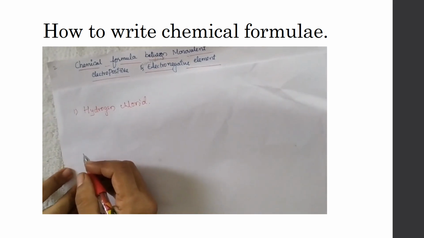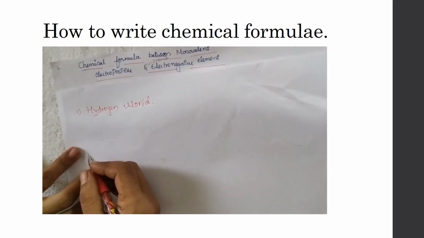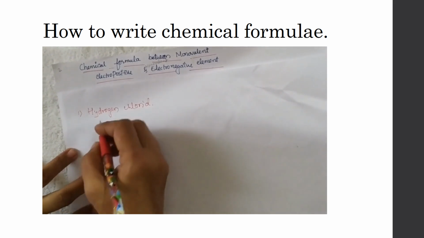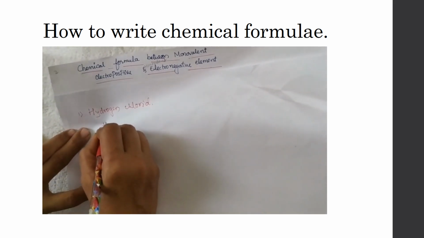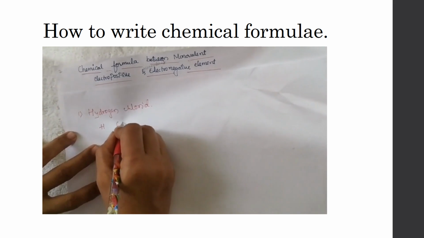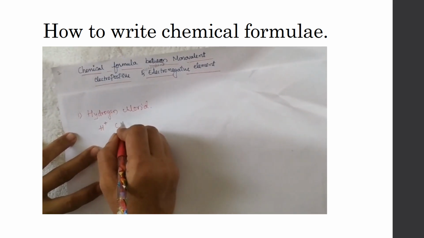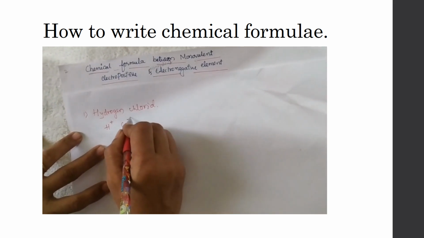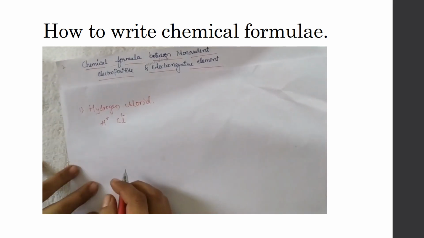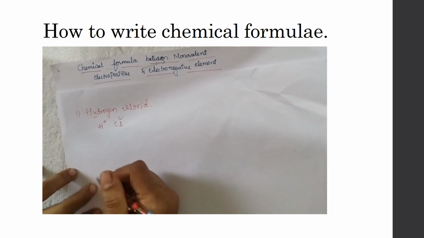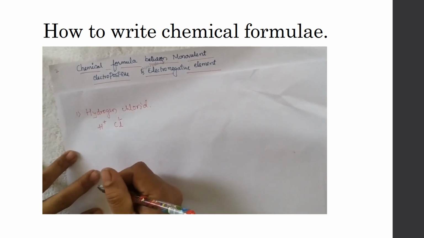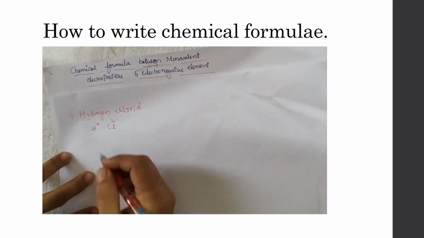First, we have to write the symbols of the elements that are combining. Here, the symbol of hydrogen is H and chloride is Cl, where hydrogen has valency +1 and chlorine valency -1. Cross over the valencies of the elements and write the number at the base of each symbol.